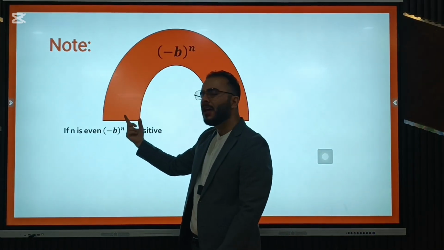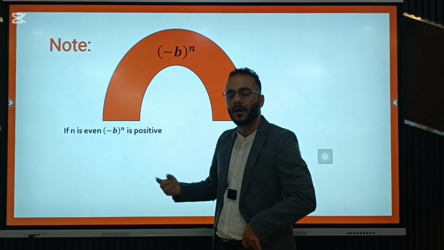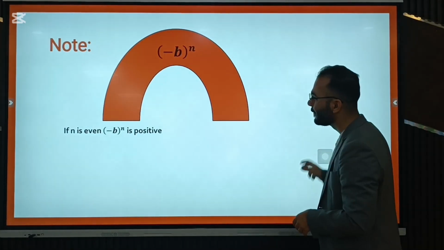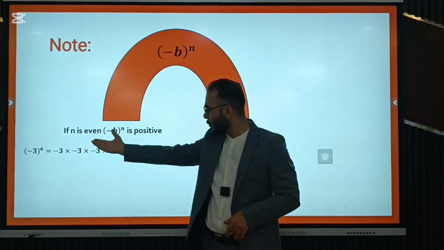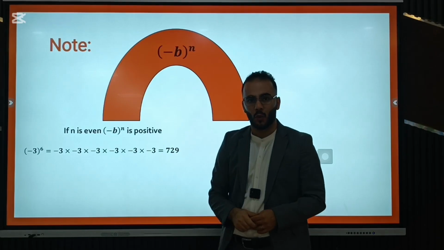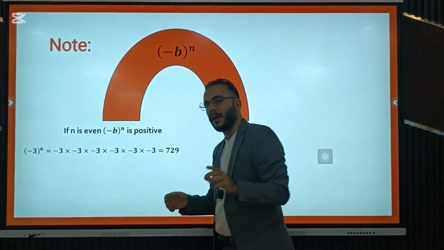Negative b to the power of n. If n is even, which is negative b powered by an even number, the result will be positive. Example, negative 3 to the power of 6. The result is exactly positive 729. Why? Because n is even. So again, I'm going to repeat it.